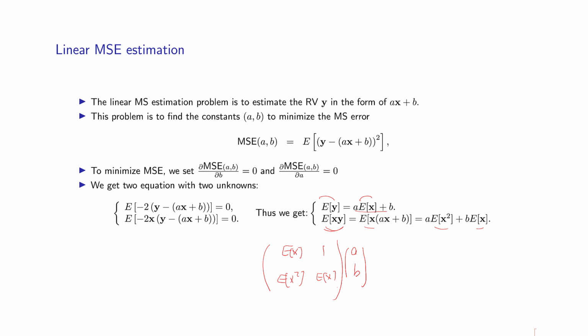If I multiply this matrix by this vector, the first row gives you this expression and the second gives you this expression. So this should be the mean of y, and this one should be the mean of xy.